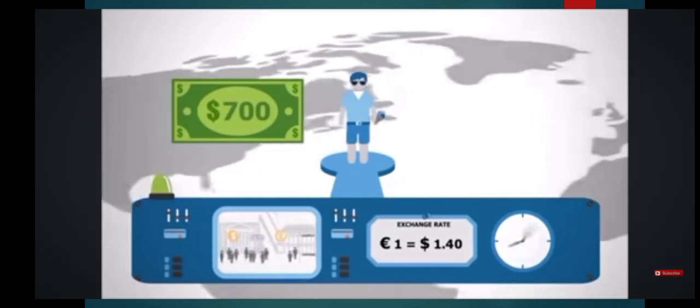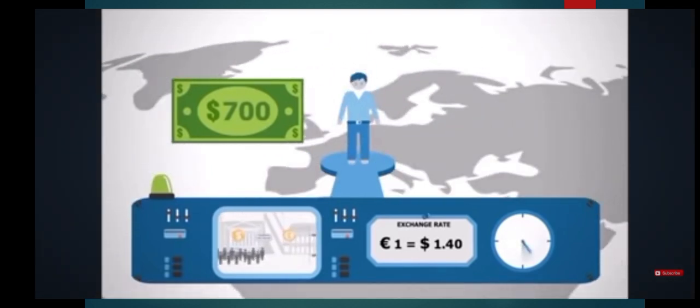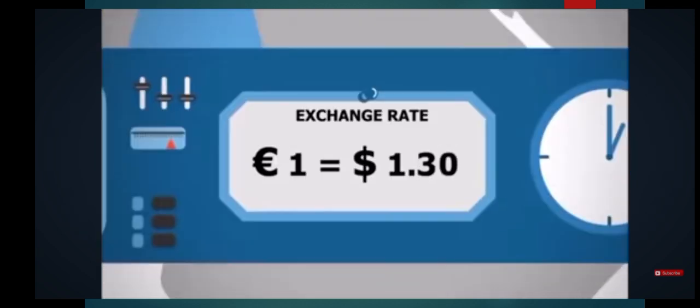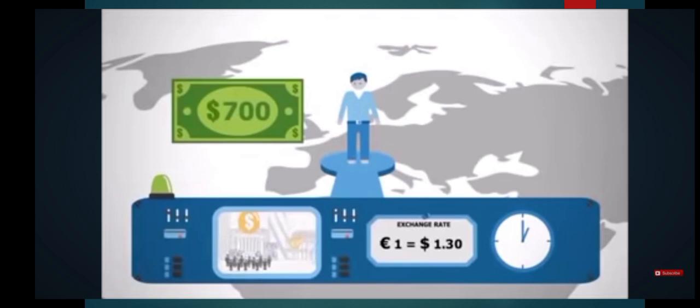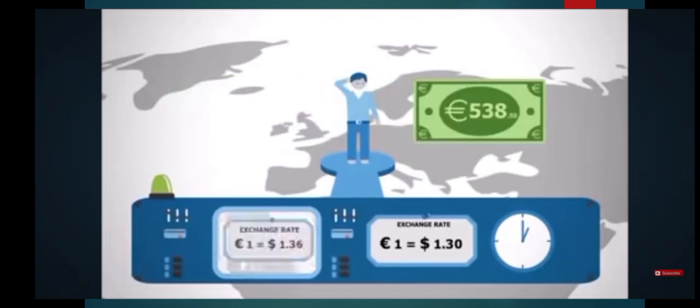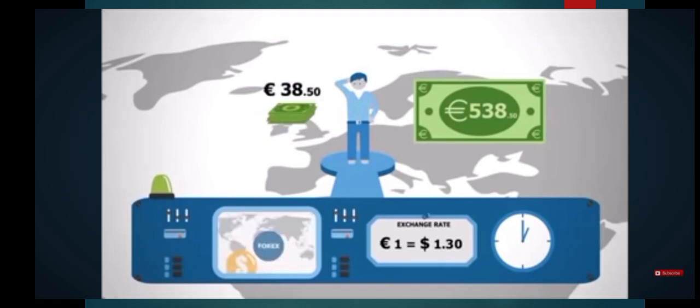So you still have $700 after you come back. After the exchange rate moved from 1.4 to 1.3, instead of getting just 500 euros back, you actually get 538.5 euros. You have gained 38.5 euros simply from holding your money in dollars while the exchange rate changed.